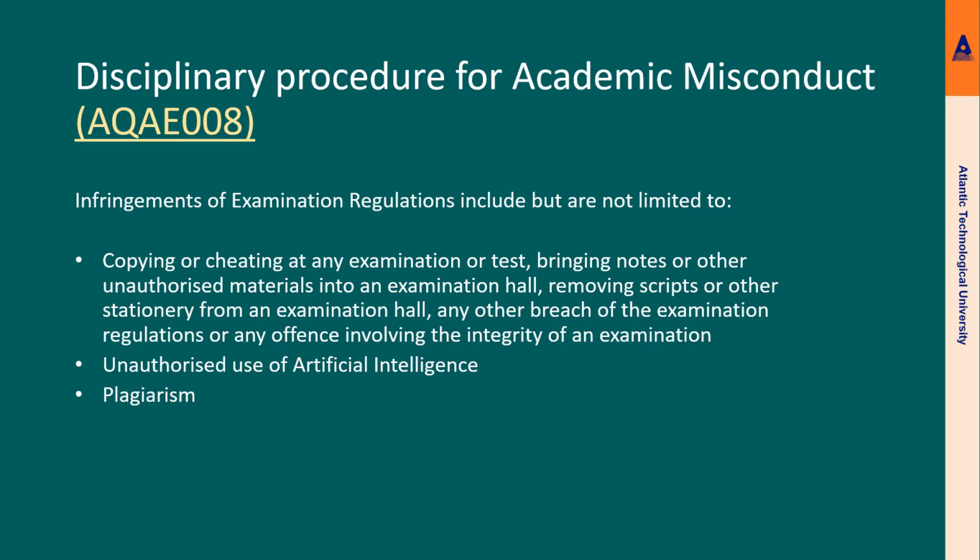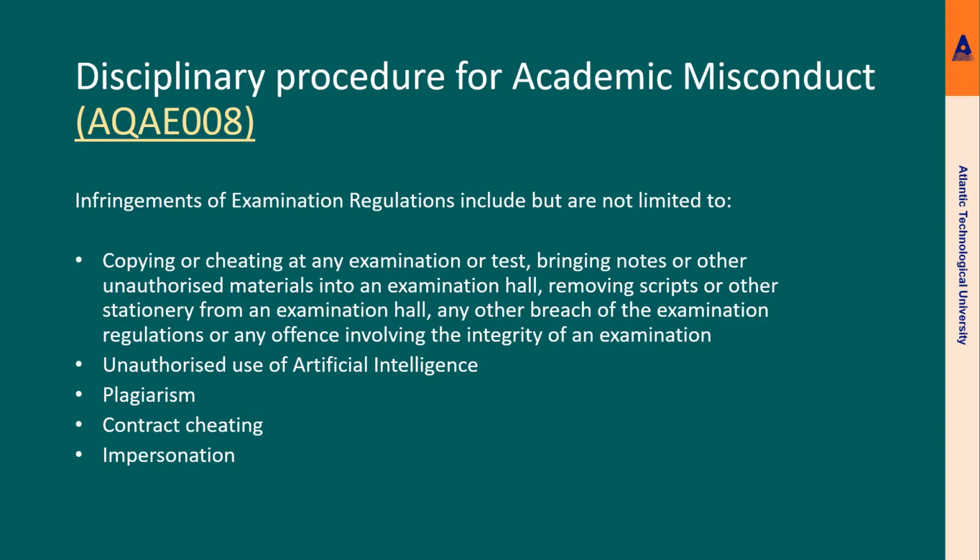Plagiarism is where you copy the work of others and have not correctly quoted or referenced that work. Contract cheating is asking somebody else to do an assignment for you. Whether you pay them or not, it is actually an offence under the law in Ireland since 2019.